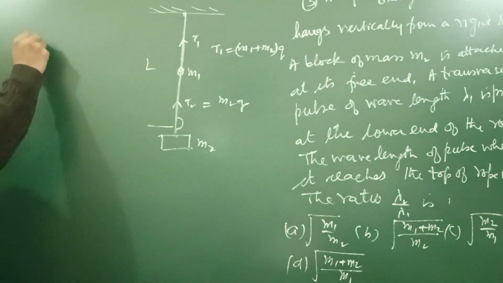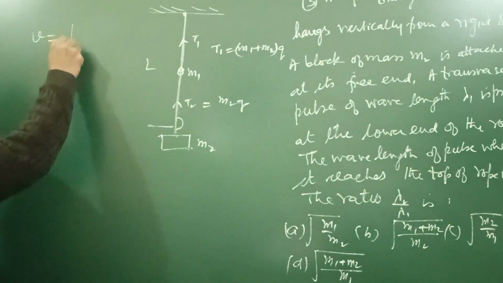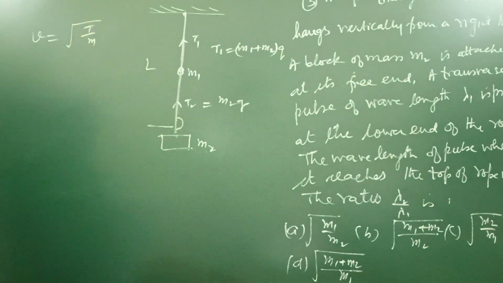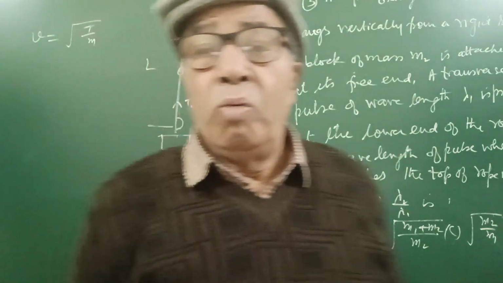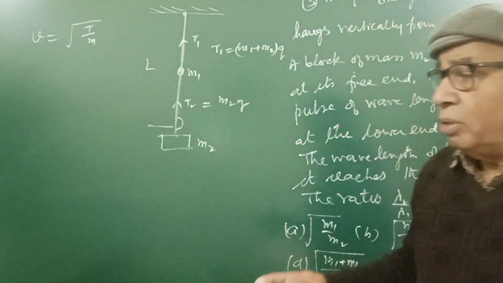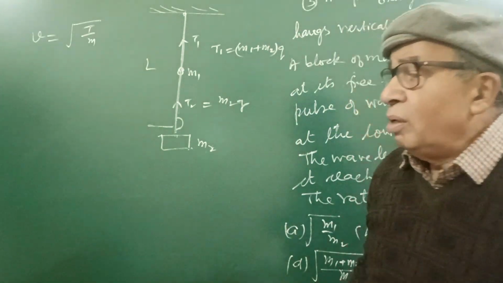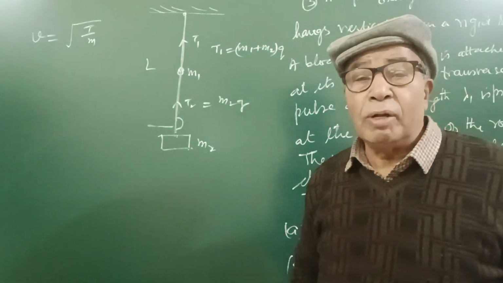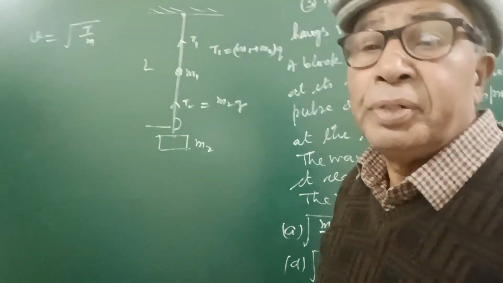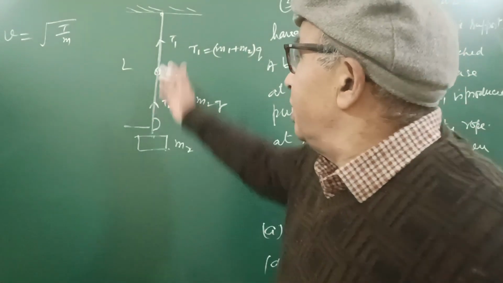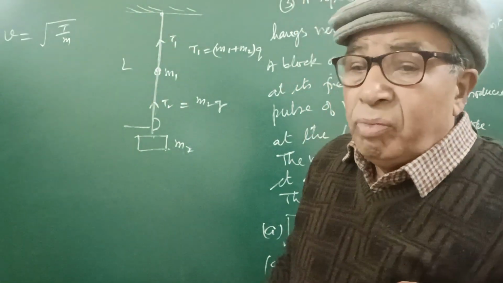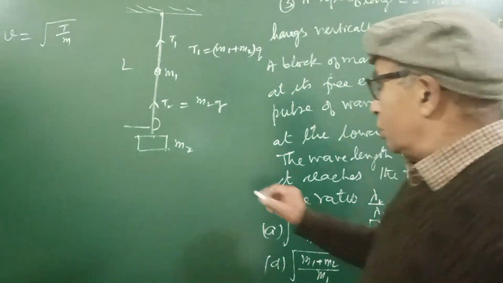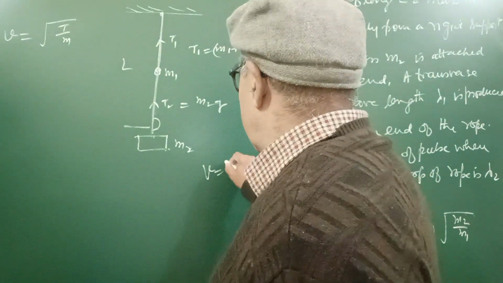Velocity of transverse wave v equals under root T upon mu. And remember, when a wave travels in the same medium, velocity depends on tension, so velocity will change here. Velocity will be changing, but frequency does not change. You know v equals n lambda.